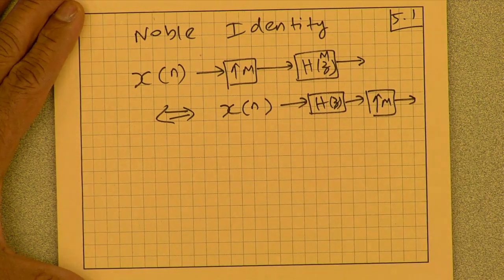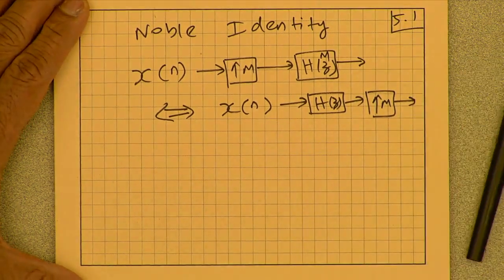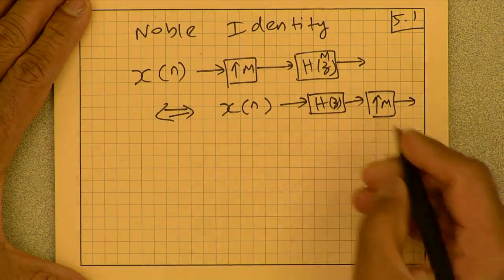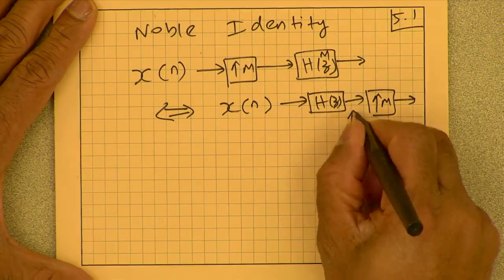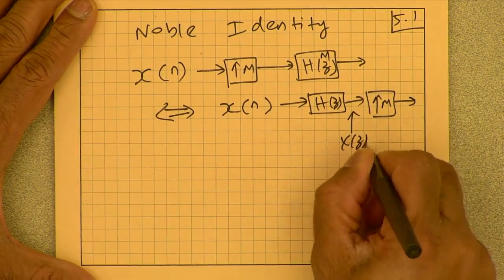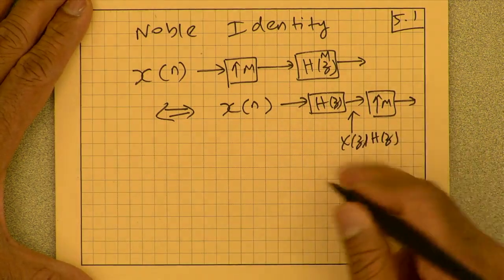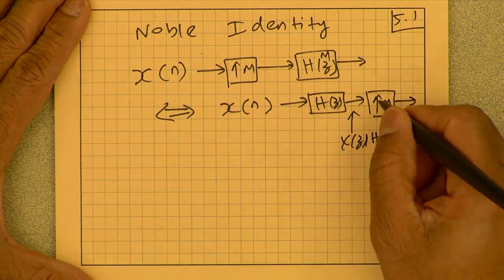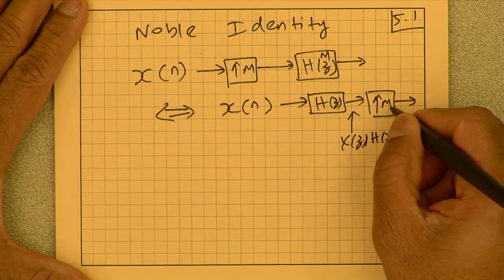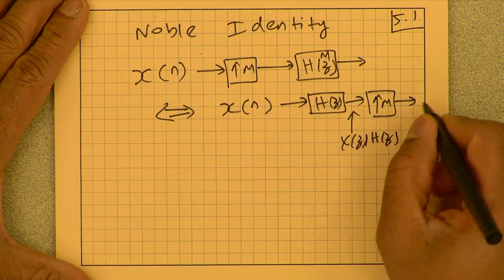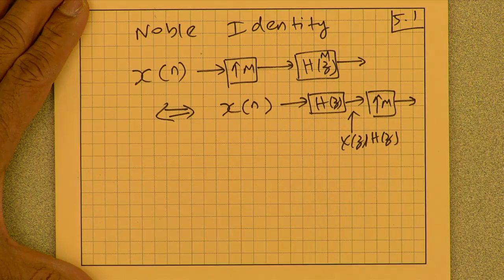Basically that's saying that if we have the Z transform here, which is X(z)H(z), and then you take the inverse of that and expand by a factor of M, that means you have M minus 1 zeros.